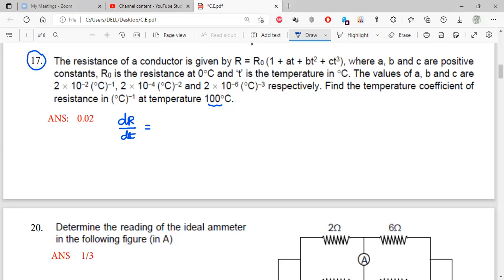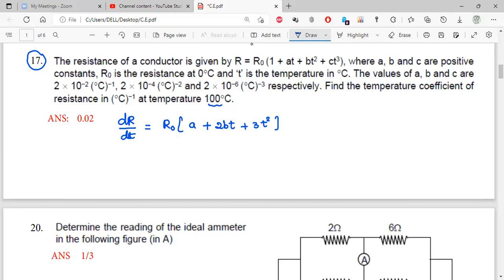All of you copied the question? Shall I start? dR by dT equals, by differentiating, R naught times (A plus 2BT plus 3CT square), where BT square gives 2BT and CT cube gives 3CT square. Oh, I forgot C there. This is dR by dT.